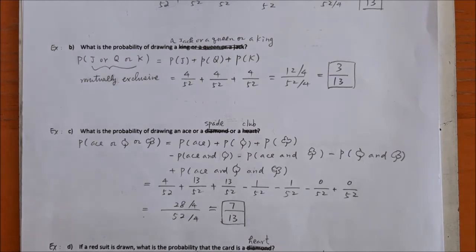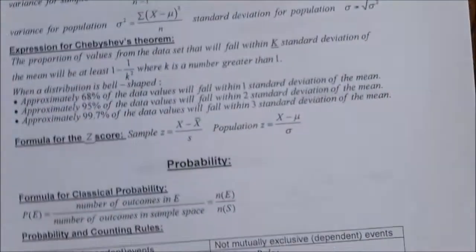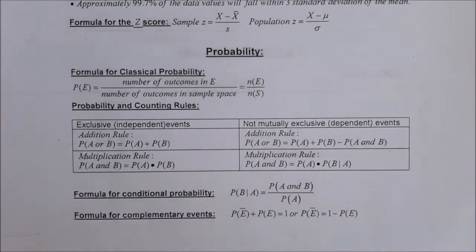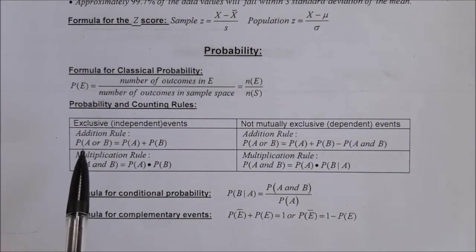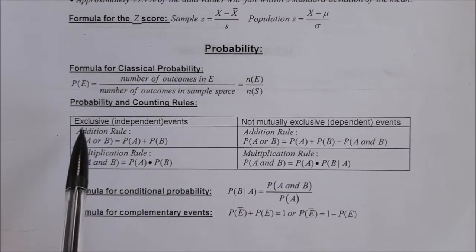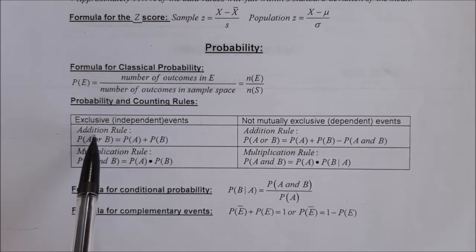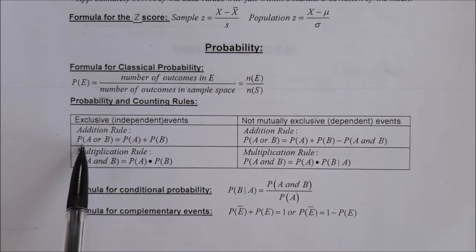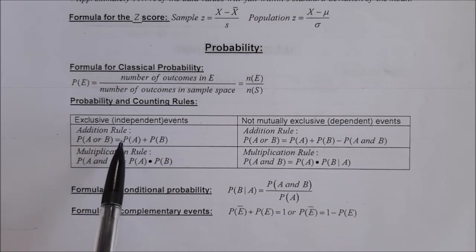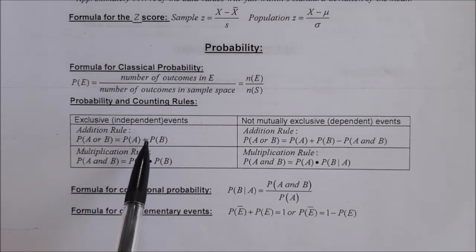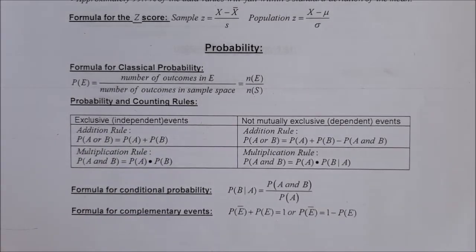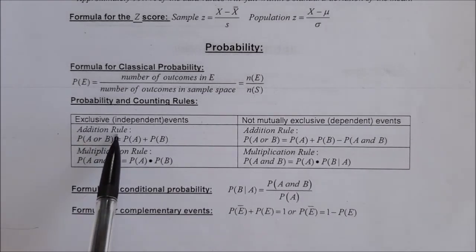So we are going to use the formula. In the formula sheet, it says exclusive independent event. Addition rule is the probability of A or B equal probability of A plus probability of B. So use this addition rule.